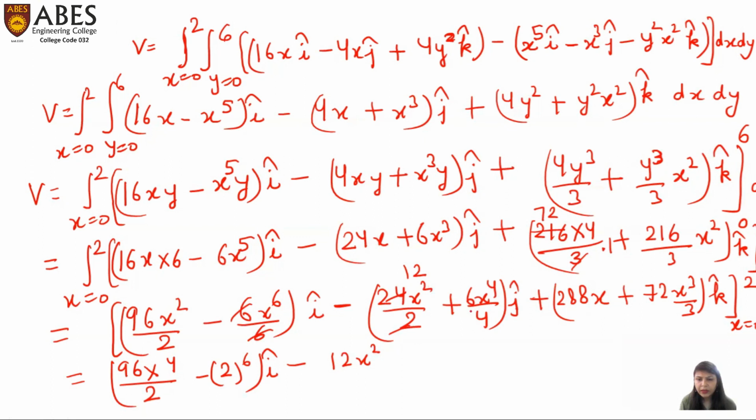And when we put x equals to 2 here, so 6 into 2 to the power 4 is 16 upon 4 into j cap plus 288 into 2 plus 72 into 8 upon 3, 72 into 8 upon 3 into k cap.